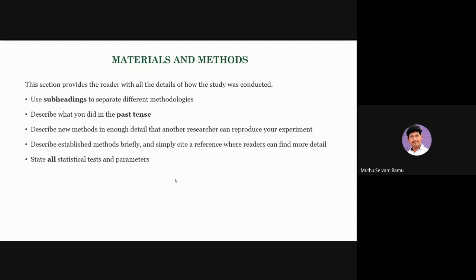Unlike a practical notebook, we should not write, take 10 test tubes, add 1 ml of water. It should be avoided. It should be concise, crisp, and new. If it is an existing method, you can refer to the author's name, for example, as per author XXX, as per his description, and inside the bracket you can make the reference. That should be enough.